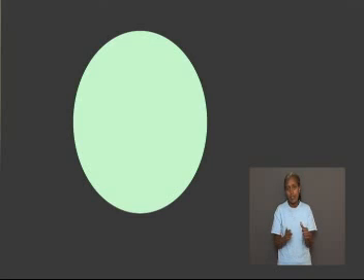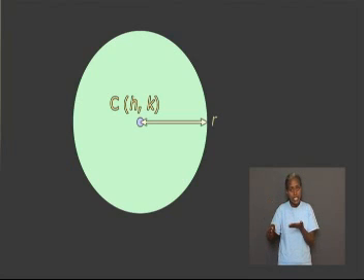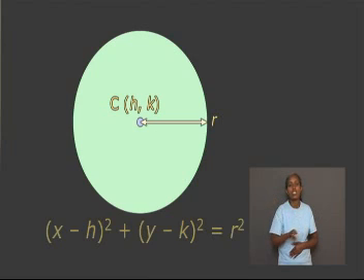First, let us be reminded of the equation of a circle. When the center of a circle is at coordinates h and k, and its radius is r, the equation of the circle looks like this.